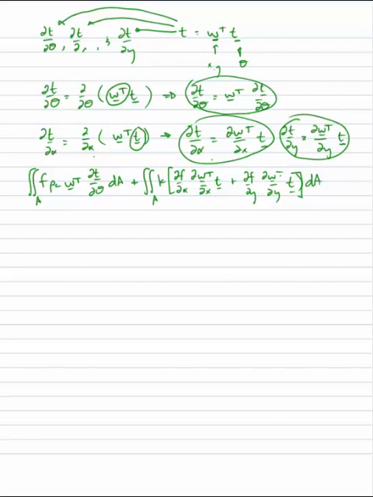And then we'll move to the other side the integral over the boundary of F times the heat flux normal to the boundary, plus the integral over the area of F times the generation.